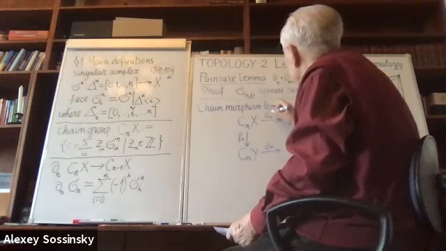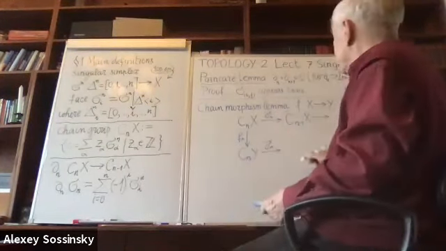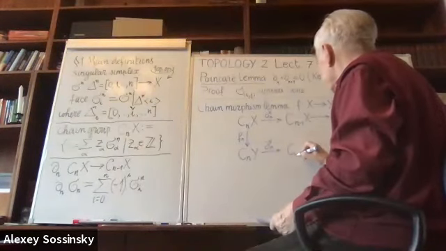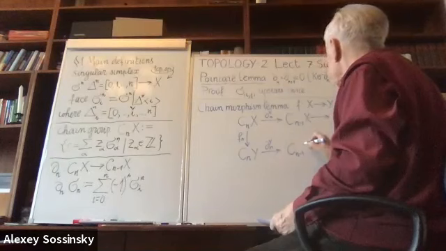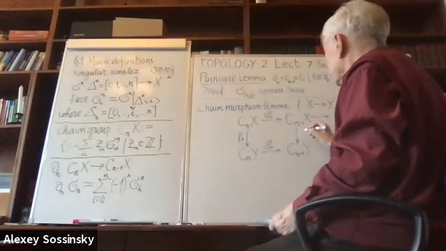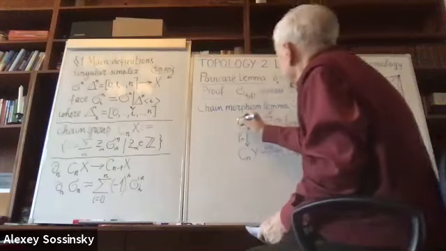Well, I'll write X here and Y here so that we don't confuse these two different boundary operators. Here we have Cn minus 1 of Y and F n minus 1, and so on in both directions.